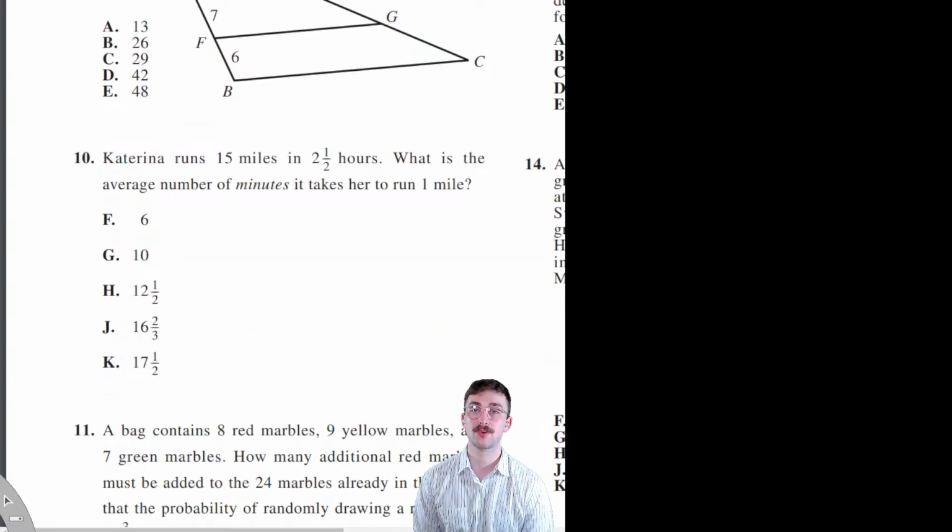Okay, Katerina runs 15 miles in 2.5 hours. Man, fractions. They love to throw fractions at you in any way, shape, and form they can. So right off the bat, I'm going to note that we've got some fractions going on here. It also looks like we're doing a unit conversion, because they're emphasizing, what is the average number of minutes it takes her to run 1 mile?